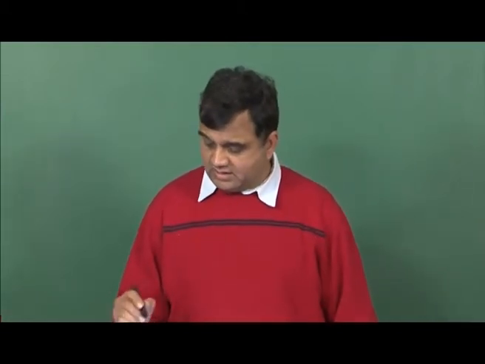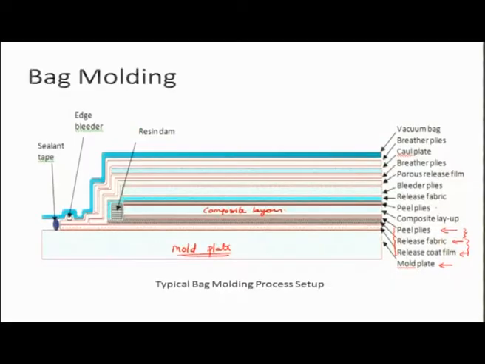Once all that is done, you again have peel ply and release fabric on top of it. And once you have put this, you put something known as a bleeder ply. So what does this do?